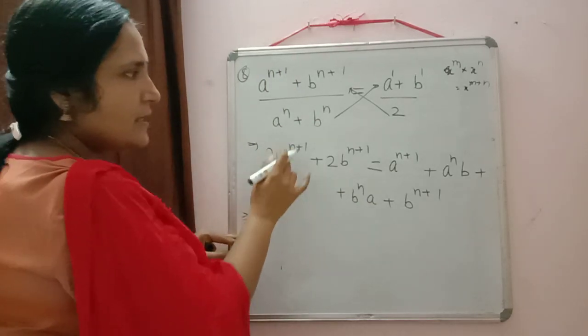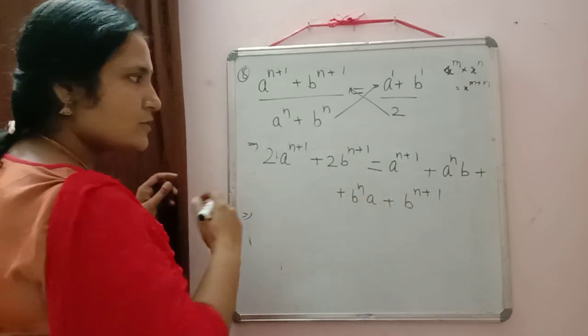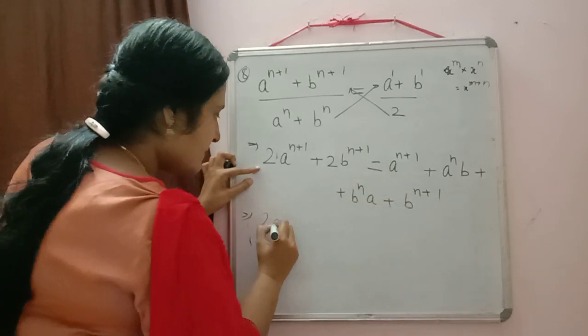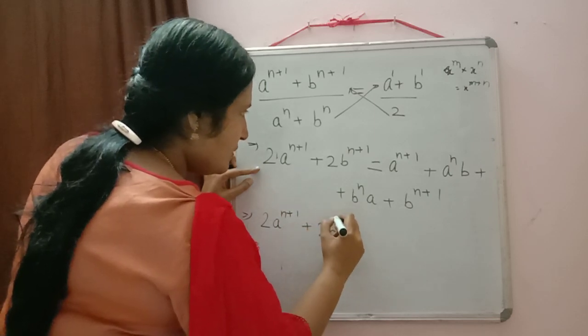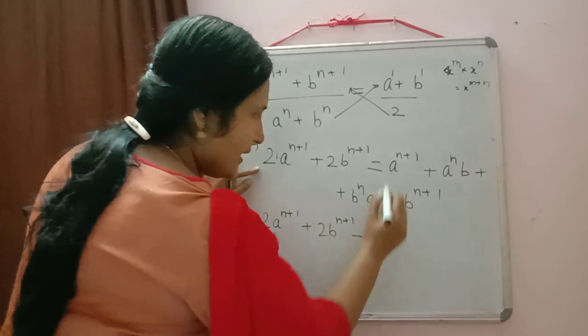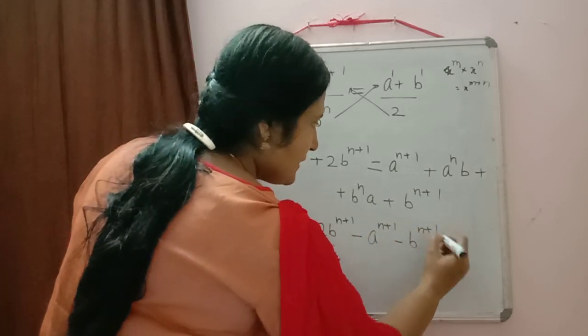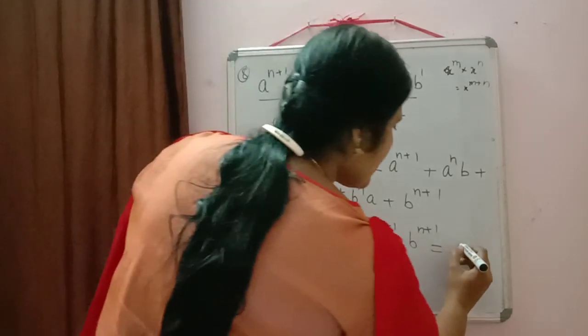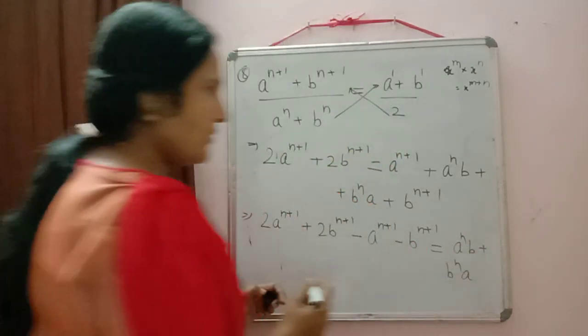Now a raised to n plus 1, here also same power and here also we have the same power. So that expression we will shift to the left hand side. 2 into a raised to n plus 1 plus 2b raised to n plus 1 minus a raised to n plus 1 minus b raised to n plus 1 is equal to a raised to n into b plus b raised to n into a.